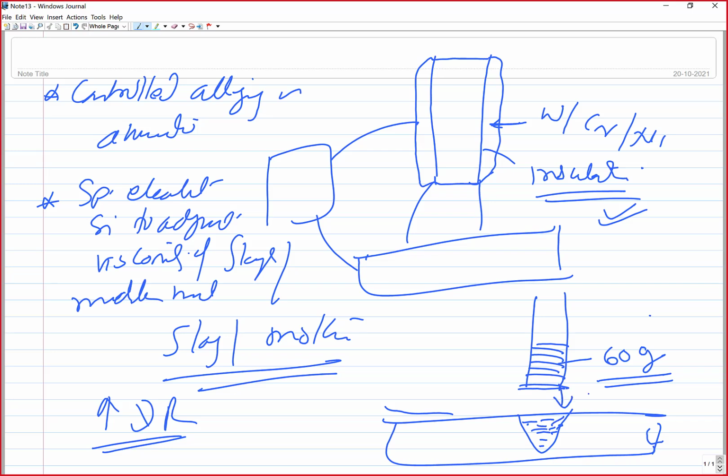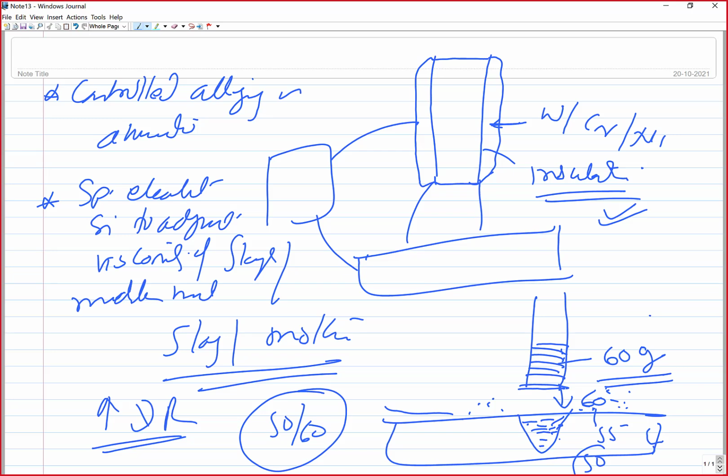If it is 55 or 50, that will dictate the deposition efficiency. This is about the core wire. So 50 by 60 gives our deposition efficiency, because some of the molten metal will fall here and there, and you may not be able to deposit the entire amount in the weld metal due to spattering or other losses.